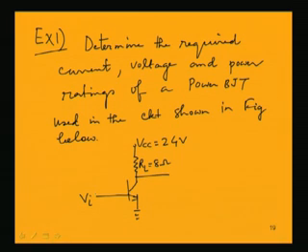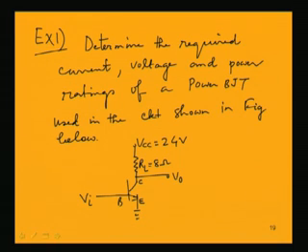This point is emitter, this point is base, this point is collector, and we have to find out basically the ratings of this transistor. It is a power amplifier, used as an amplifier using a power transistor. This is the output voltage.